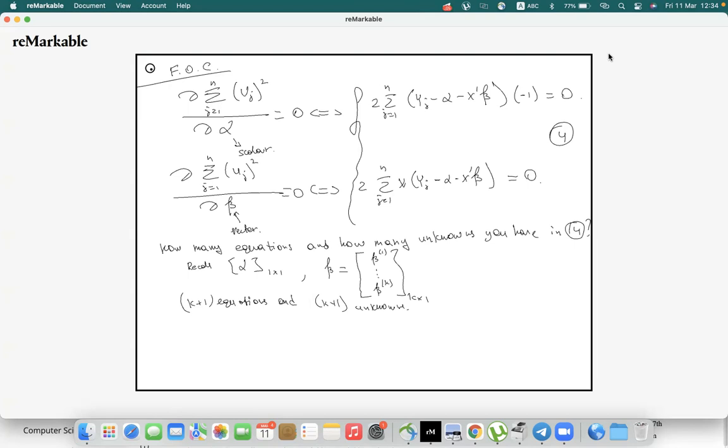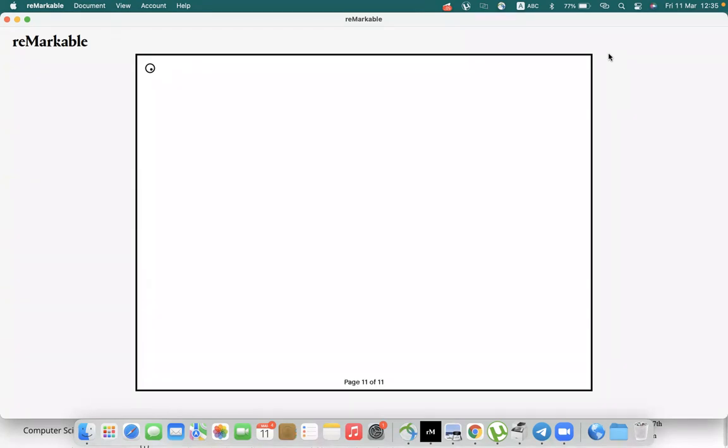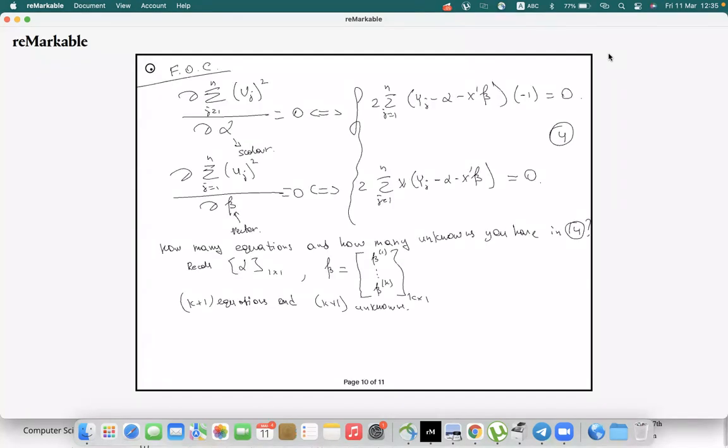So basically, 4 can be rewritten. You see, you have these 2's and minus 1's and stuff like this. We can get rid of them, right? Because you can always divide both sides by 2.